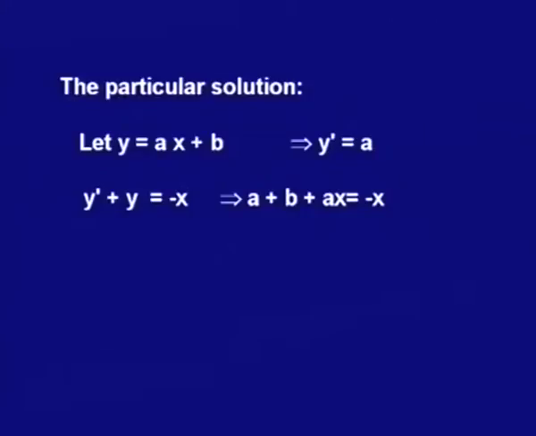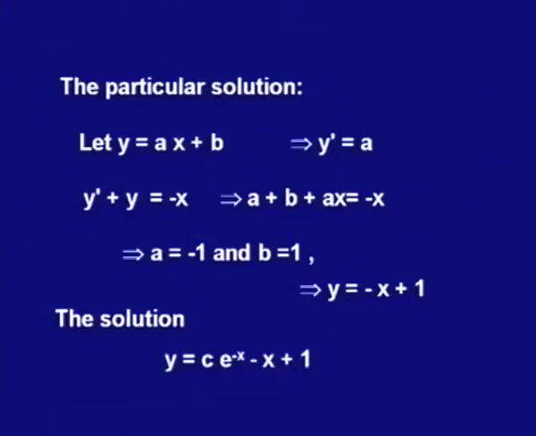Thus, we are getting the result that a as minus 1 and b as 1. Thus, we would be getting the particular solution as y is equal to minus x plus 1. So, we have got the general solution of our second equation, that solution is y is equal to c times e to the power minus x plus 1.